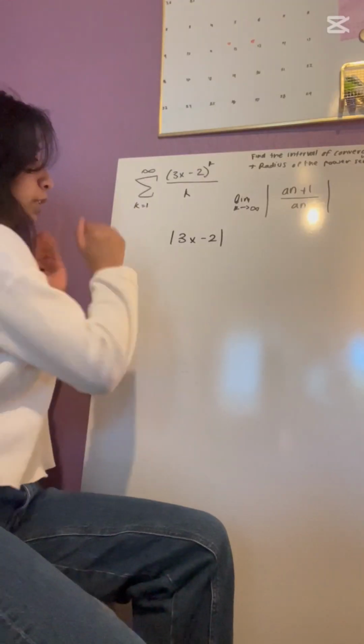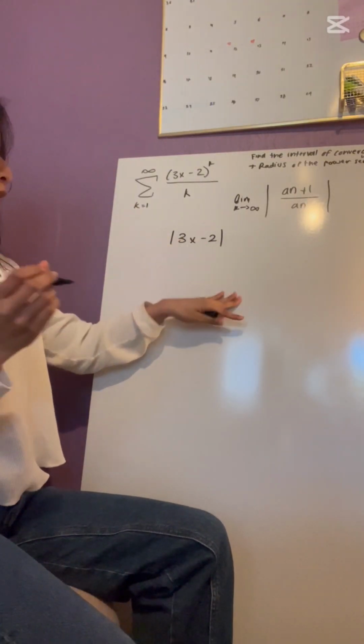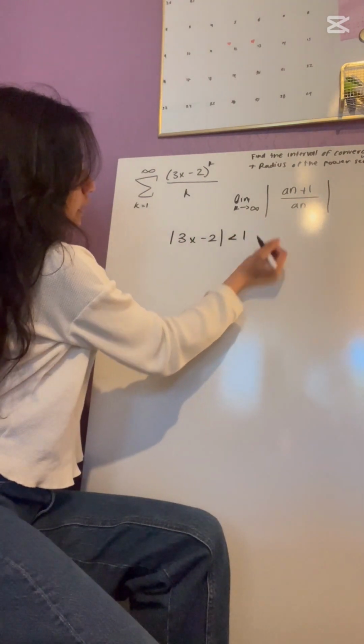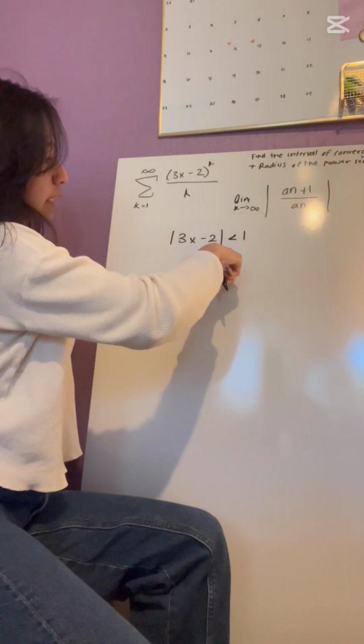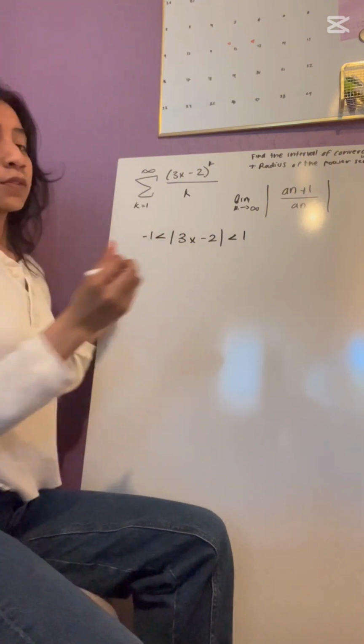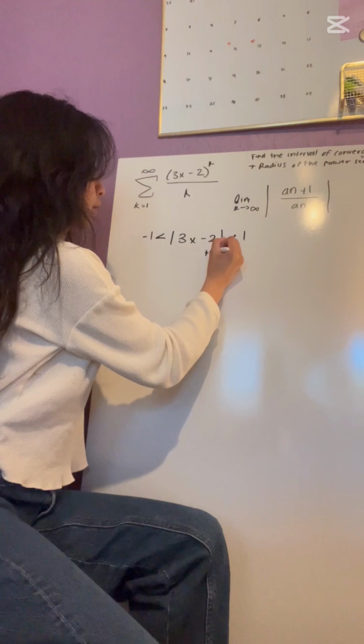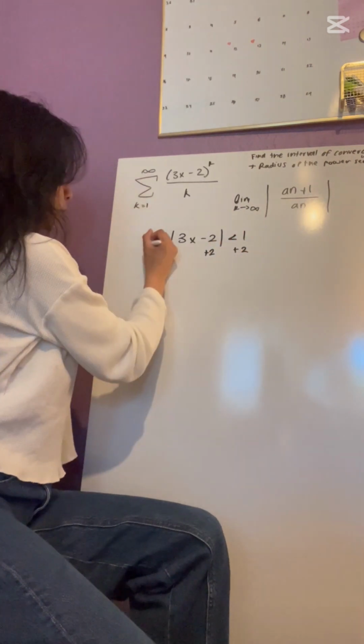Of the k's, we can just focus on the x, or the absolute value of 3x minus 2, which we can set less than 1 and greater than negative 1, so we can solve for our interval of convergence. Just simple equation.